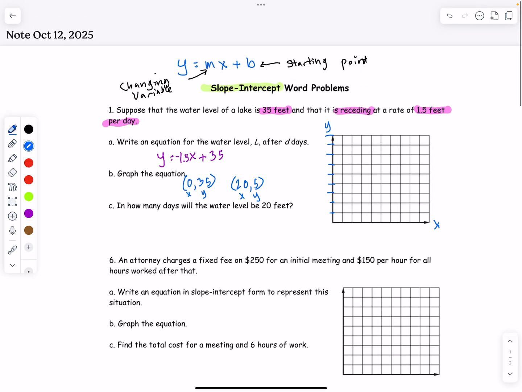So this is 5, this is 10, 15, 20, 25, 30, and this is 35. And then over here, we would do the same thing: 5, 10, 15, 20, 25, 30, 35. All right?